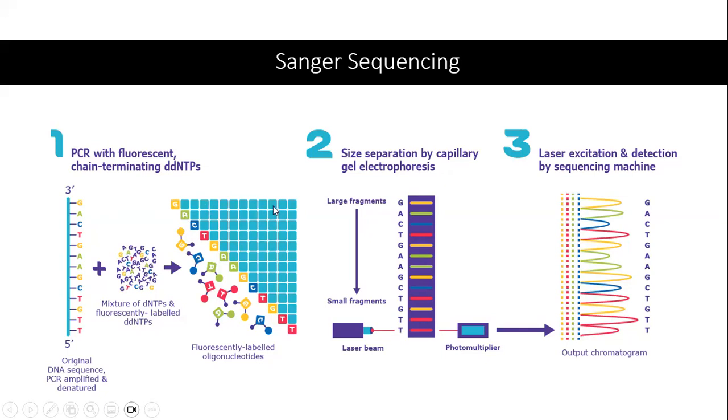It stops there, and that will be our largest fragment. When we run that in a gel electrophoresis, it would be to the top because it's the largest one, so it won't travel far. Then we have the other one, and it would continue that way. Then we excite it with a laser, and we detect it with the sequencing machine. And that is how it was done before, how you would get your sequence.